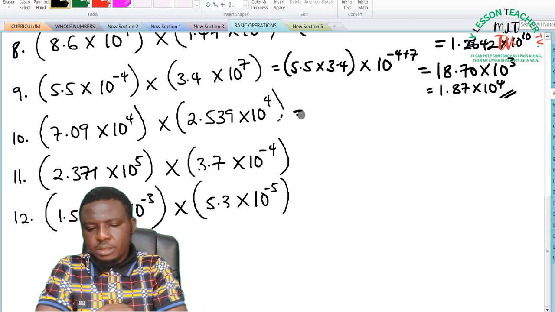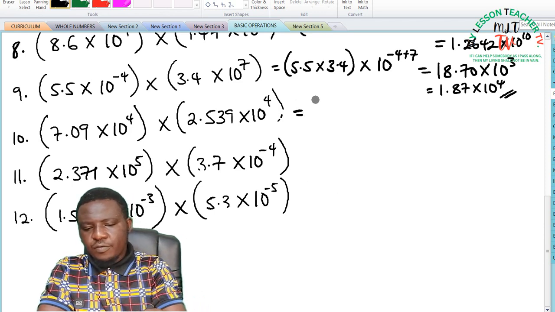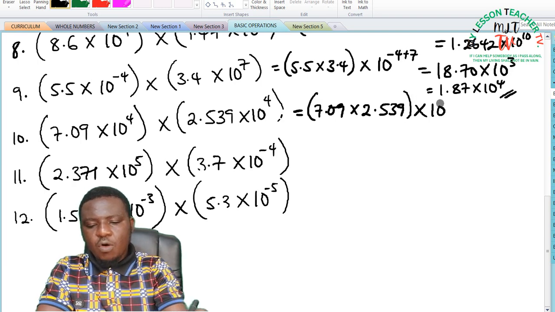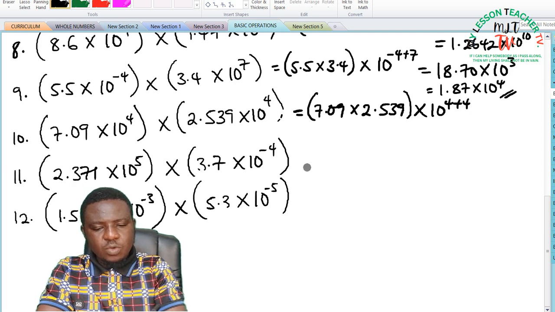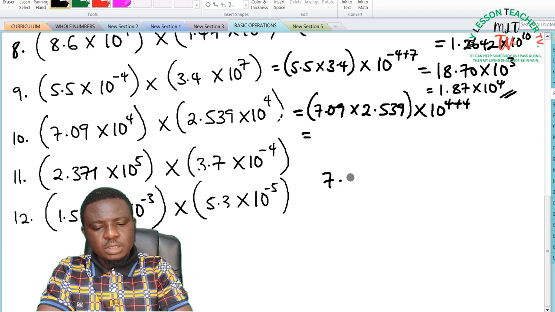Question 10, we have 7.09 times 2.539 times 10 raised to the power of 4 plus 4. This is equal to 7.09 times 2.539.